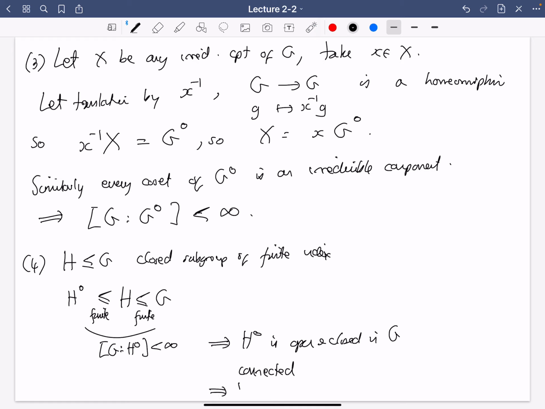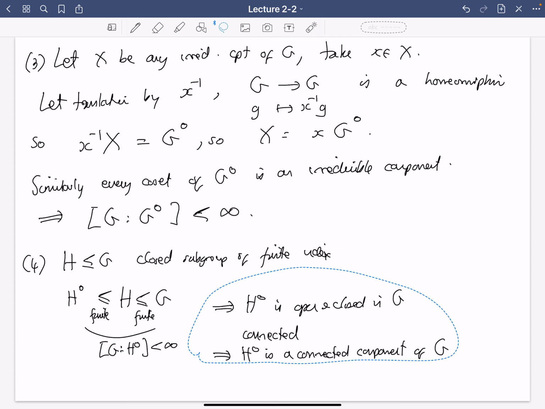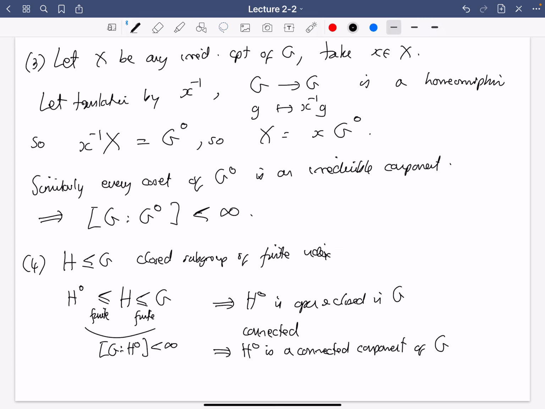And so that implies that actually H0 is a connected component of G. So actually, that means that H0 has to be G0, the identity component of G, and of course then, because H0 is contained in H, that means that G0 is contained in H, and that finishes the proof of the lemma.